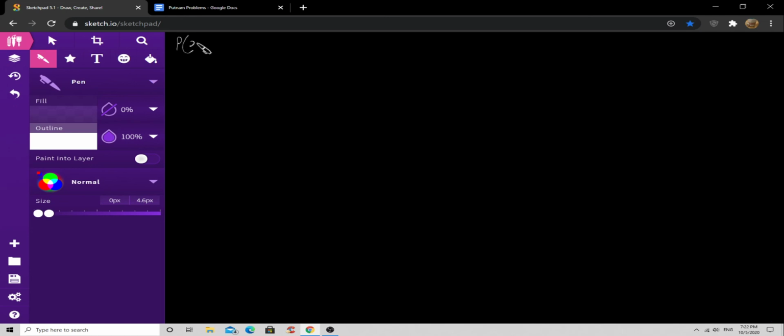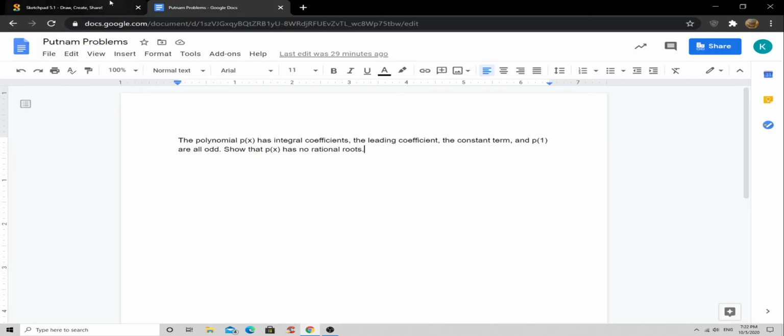So p of x has integral coefficients, I'll just abbreviate it as coefs. Okay, and we have the leading coefficient, the constant term, and p of 1 are all odd. Okay, show that p of x has no rational roots.